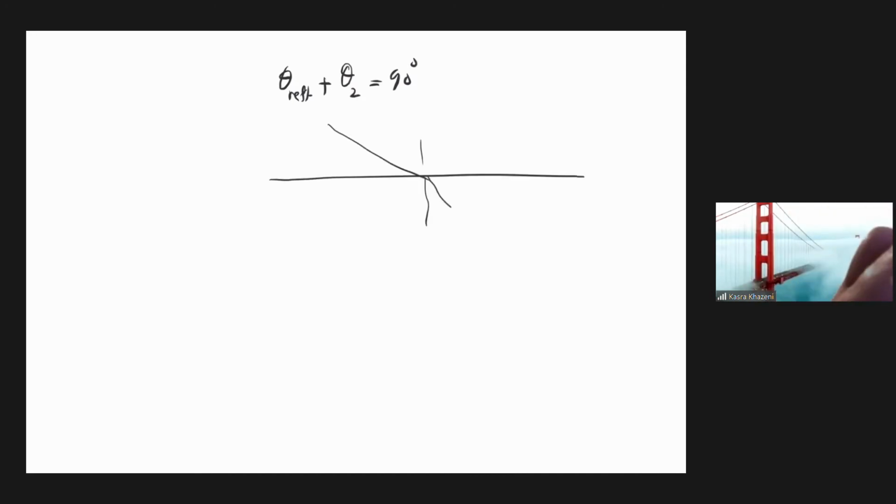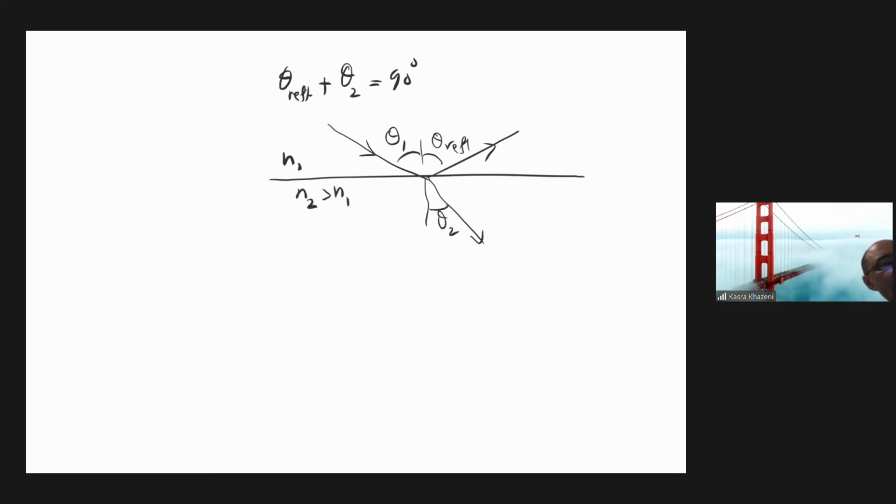So reflected plus theta 2 is 90 degrees. All right, so N2 greater than N1.